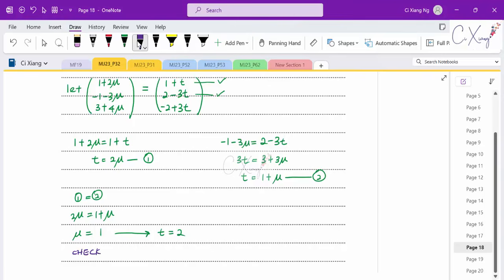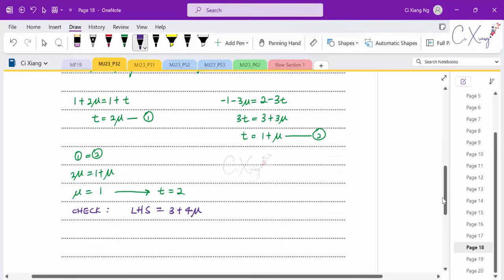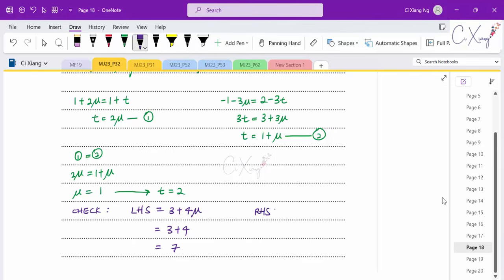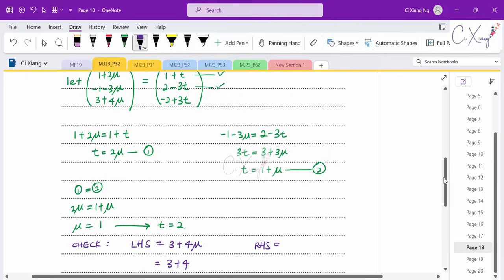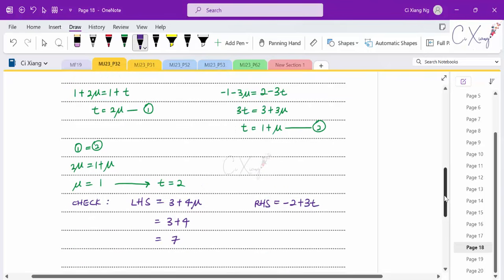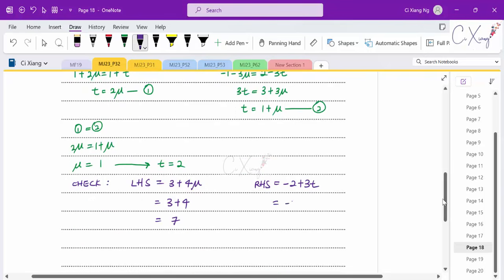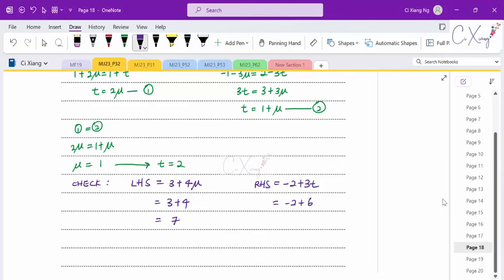Now we will proceed to the next part where we want to check. If I want to check, I will start from the left hand side. The left hand side is 3 plus 4 mu, so 3 plus 4, which equals 7. And then for the right hand side, I'm having negative 2 plus 3t, which equals negative 2 plus 3 times 2, which is 6.